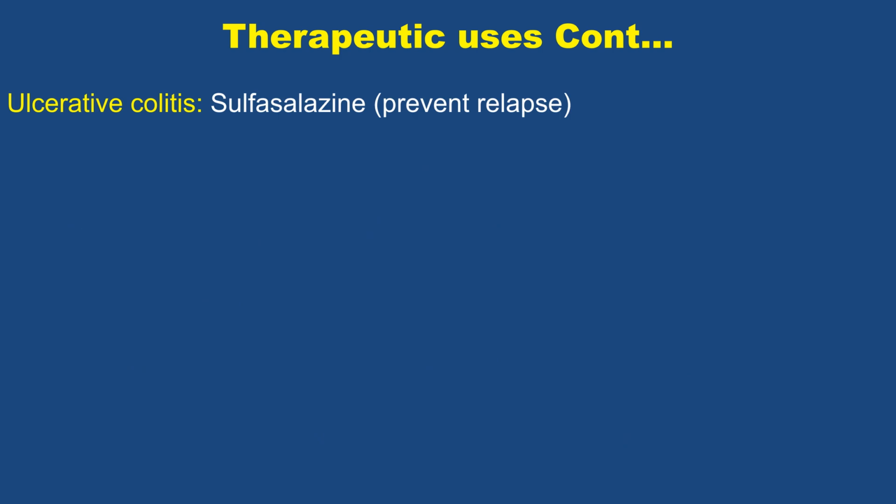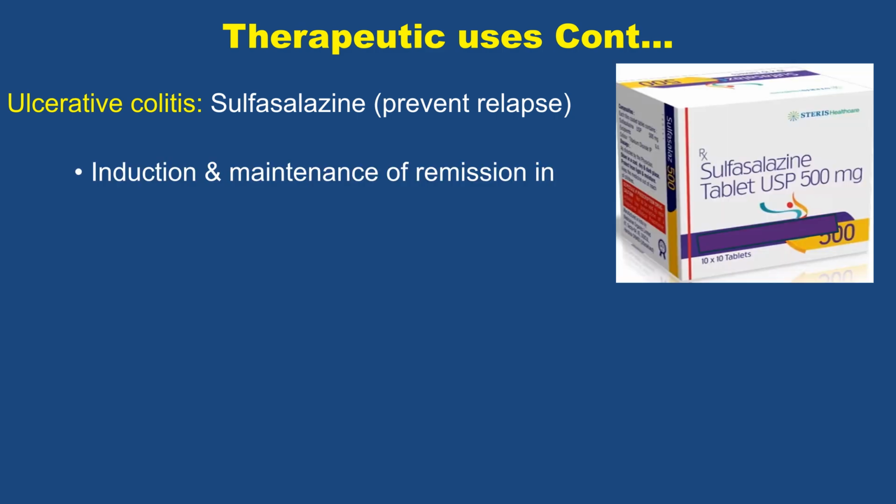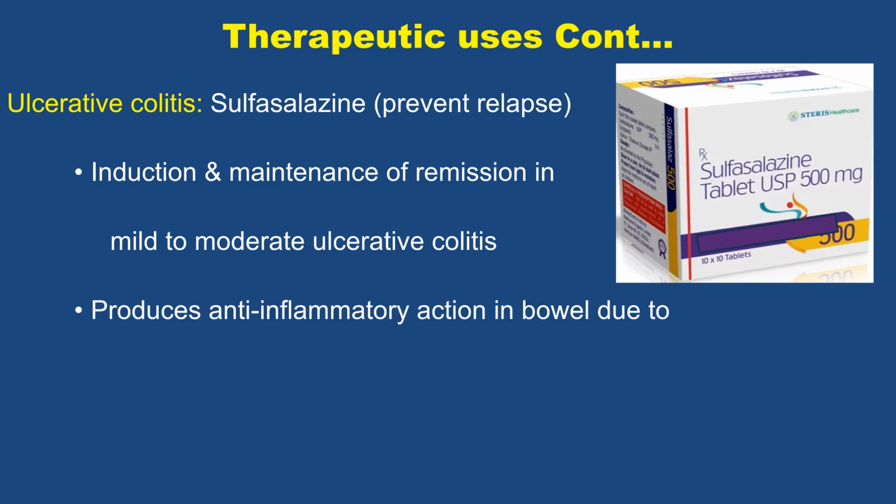Coming to the ulcerative colitis, so among sulfonamides, sulfasalazine helps in preventing the relapse of ulcerative colitis. They are mainly used in induction and maintenance of remission in mild to moderate cases of ulcerative colitis by producing anti-inflammatory actions in the bowel due to formation of 5-amino salicylic acid by bacterial flora, because it is poorly absorbed from the GIT and it is degraded by the bacterial flora in the colon to 5-amino salicylic acid.